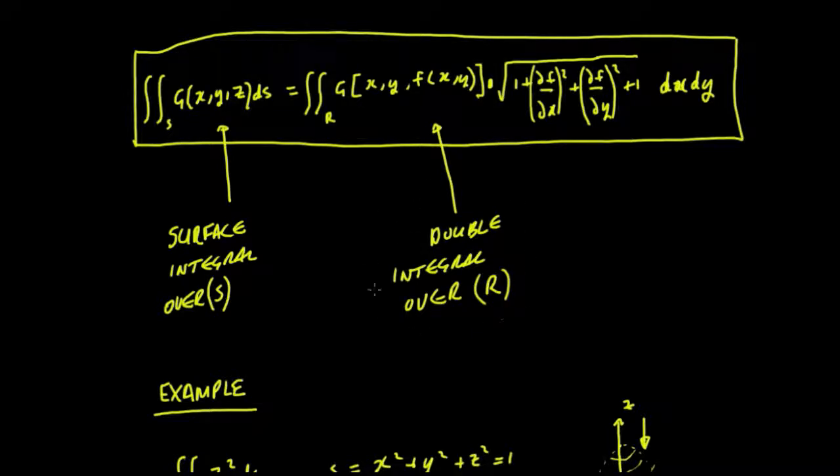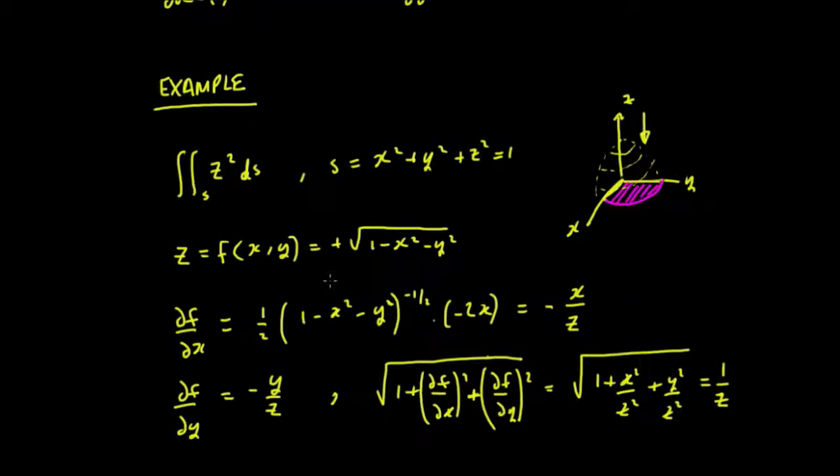Now here's a little example. Let's say we're looking for the surface integral of some function z squared, and the surface we're looking at is x squared plus y squared plus z squared equals 1. Now that surface is going to be the surface of a sphere.